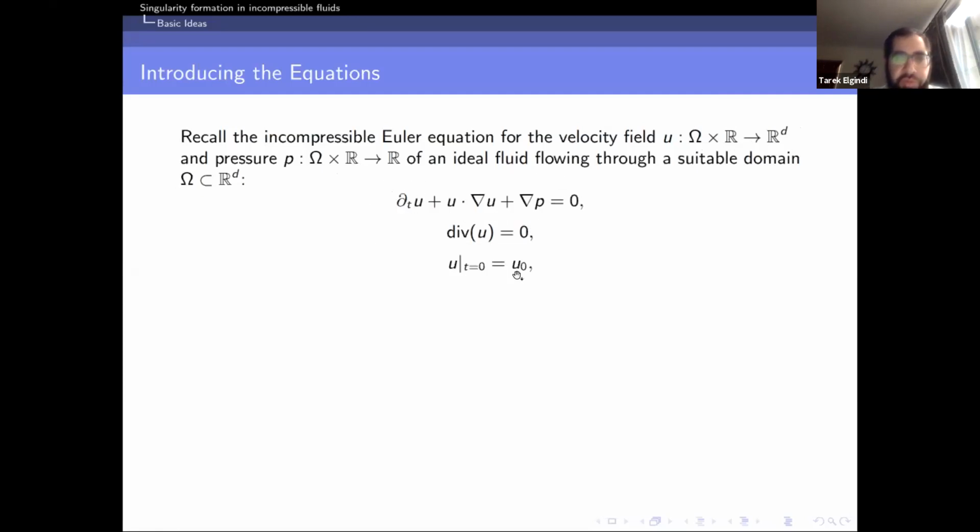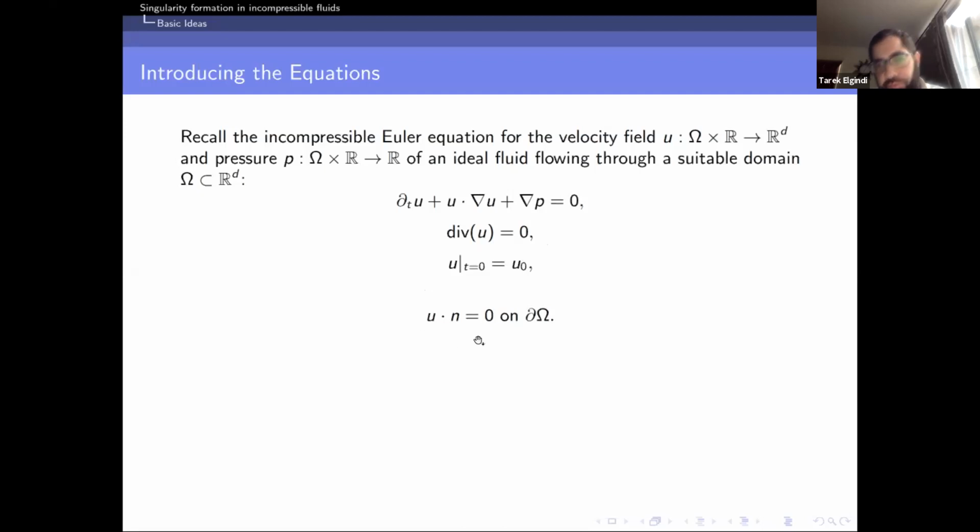And the equation goes like this. The pressure p, the purpose of it is to keep this divergence-free condition. You supply it with an initial value, and if you're on a bounded domain, you give it a boundary value.